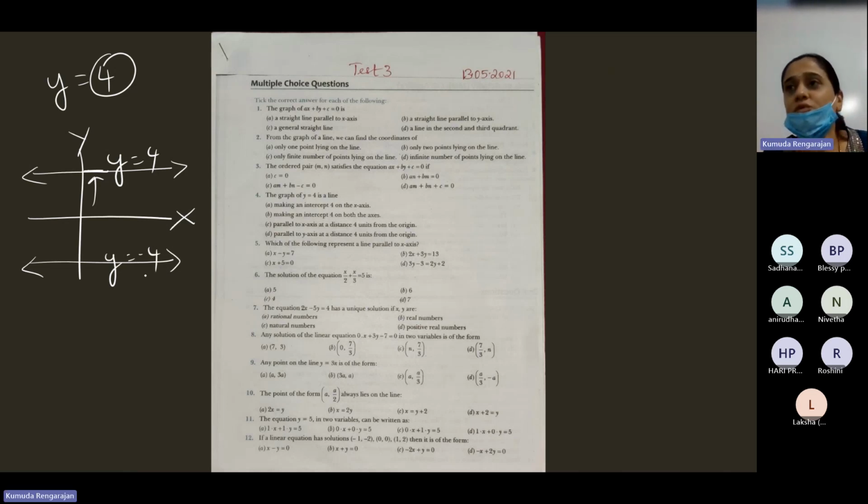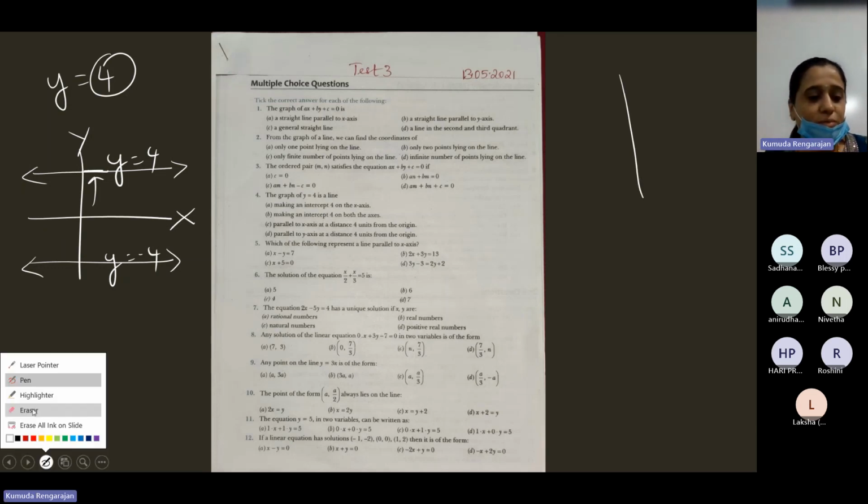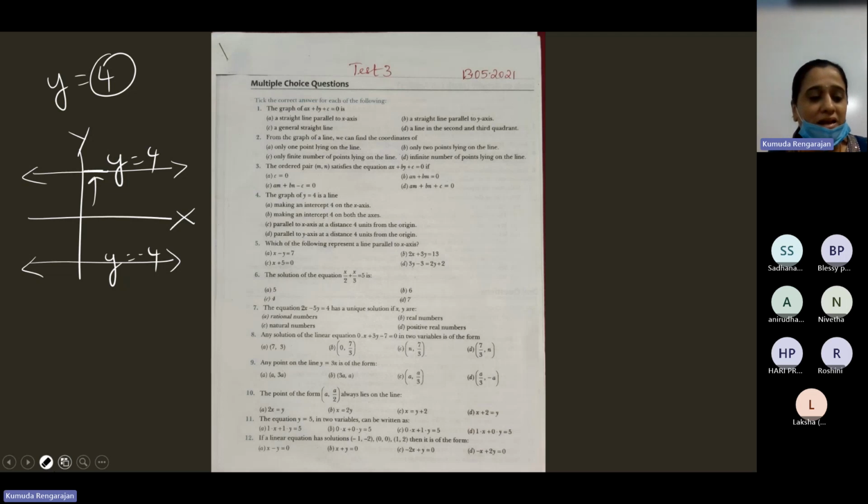So y is equal to 4. When the equation is of the form y is equal to a number, the graph of that equation will be parallel to the x-axis. If it's parallel to the x-axis, two cases are possible. Either it can be parallel and above the x-axis, or it can be parallel and below the x-axis.